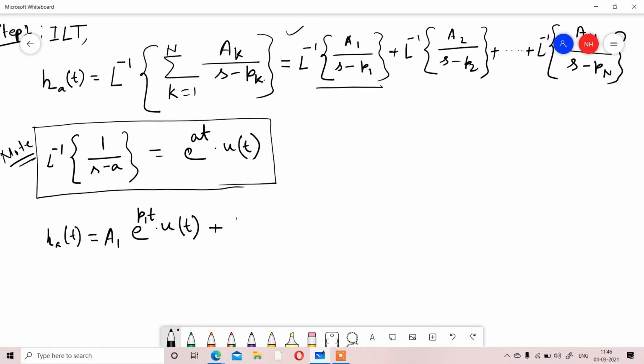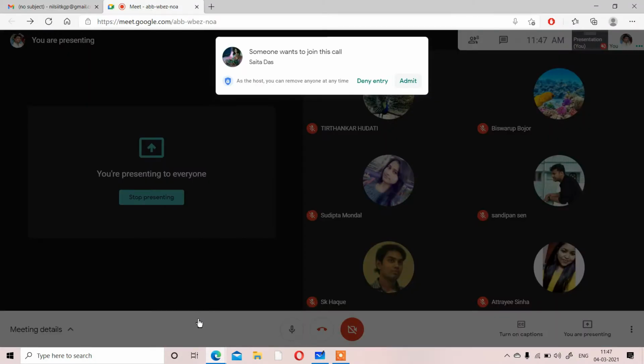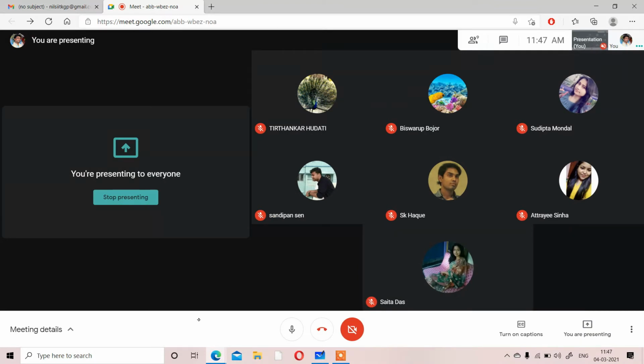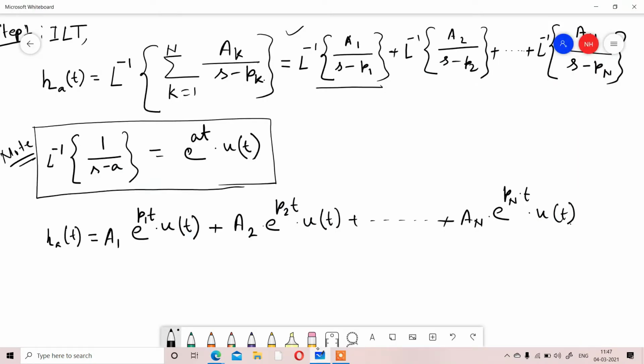Similarly, plus a2 e to the power p2t u(t), plus and so on up to n, so an e to the power pnt u(t). Okay, so that you will get.